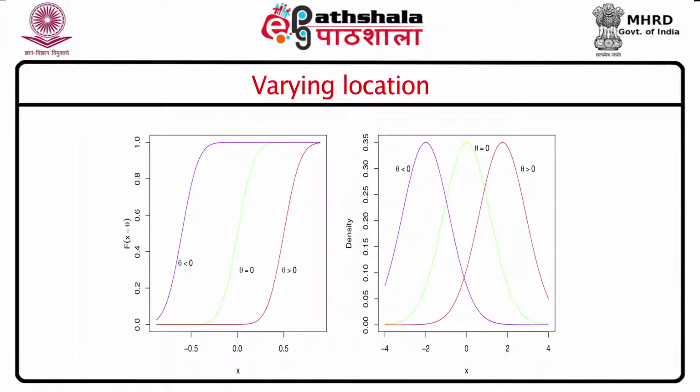If we look at the leftmost figure corresponding to capital F(x minus theta), we find that the function F(x minus theta) corresponding to theta less than 0 is shifted towards the left, whereas F(x minus theta) for theta greater than 0 is the rightmost. Thus, the probability of getting a higher observation for theta greater than 0 is higher than those for theta equal to 0 and theta less than 0.